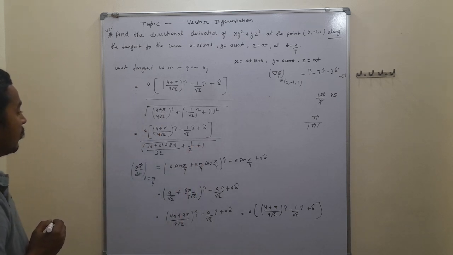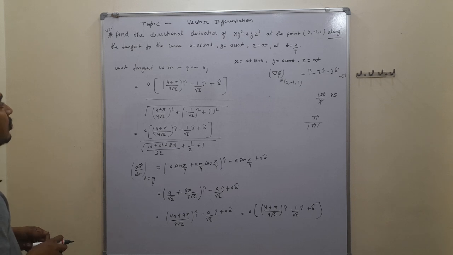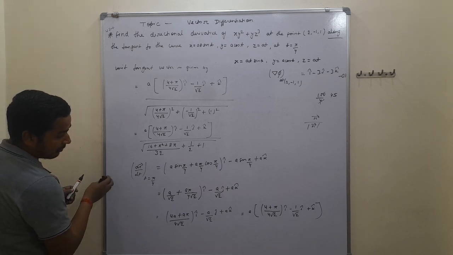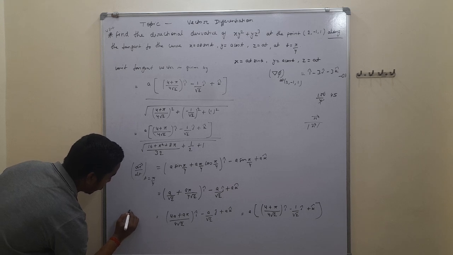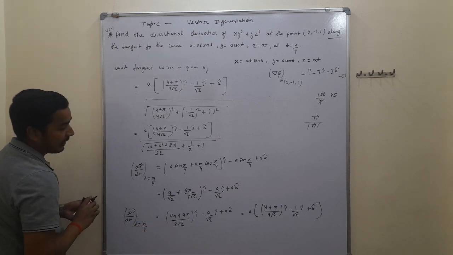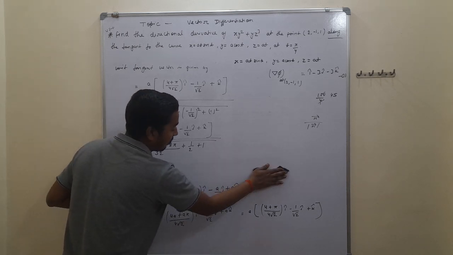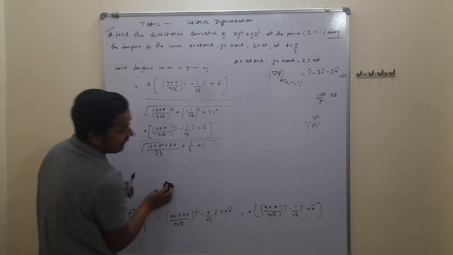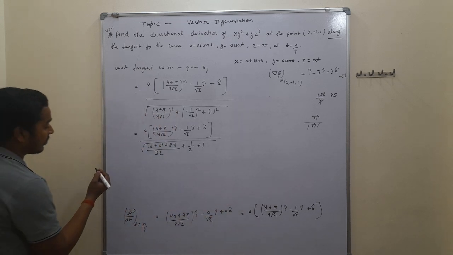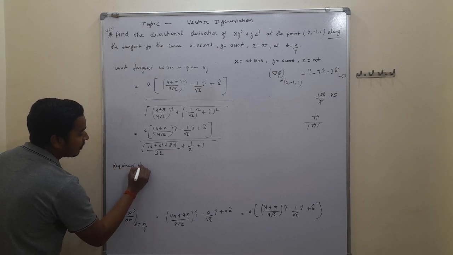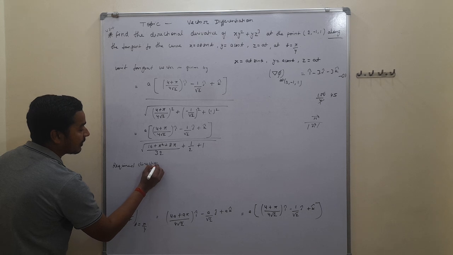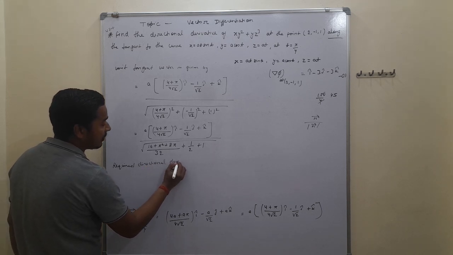And further we have to find the required directional derivative. Once again, dr/dt is the tangent vector at t = π/4. We have to work it out here, and further we have to find the required directional derivative.